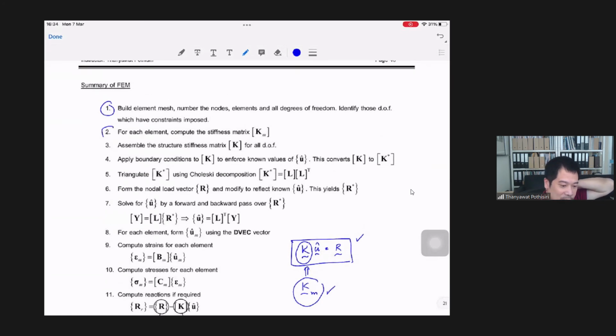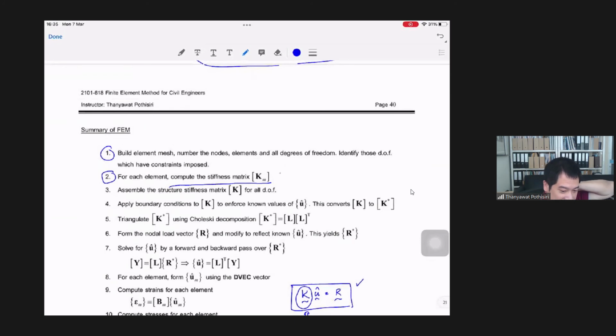So the second step is we want to compute the element stiffness matrix. And again, how do we compute the element stiffness matrix? We compute this by computing this integral right here. So this is the key matrix that we want to obtain in the first place.